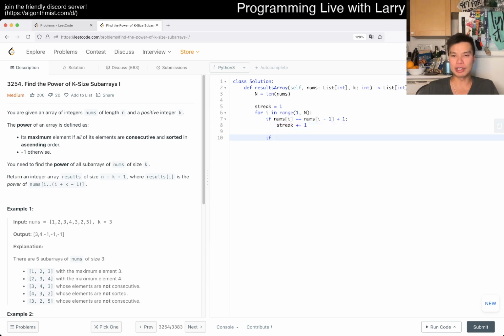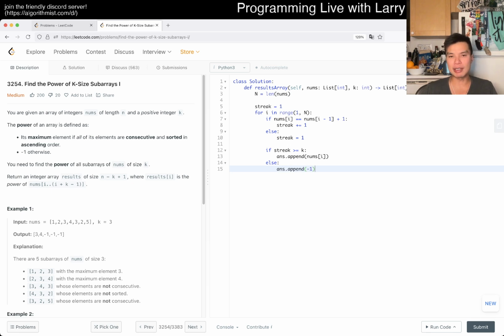And now, if the streak is greater than or equal to the window, then the biggest power is just going to be nums sub i, right? So you have something like this. And otherwise, if it's not, then we start the streak at 1, being a new element. Otherwise, we append negative 1, and we should be good.